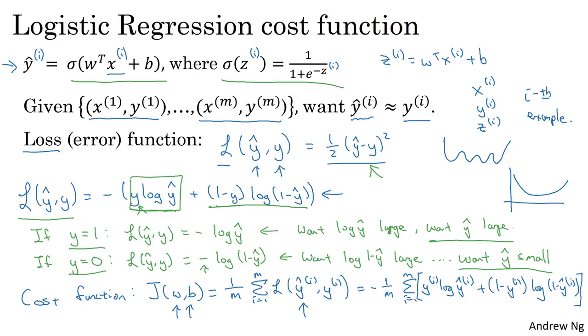So the minus sign is outside everything else. So the terminology I'm going to use is that the loss function is applied to just a single training example, like so, and the cost function is the cost of your parameters. So in training your logistic regression model, we're going to try to find parameters w and b that minimize the overall cost function j written at the bottom.